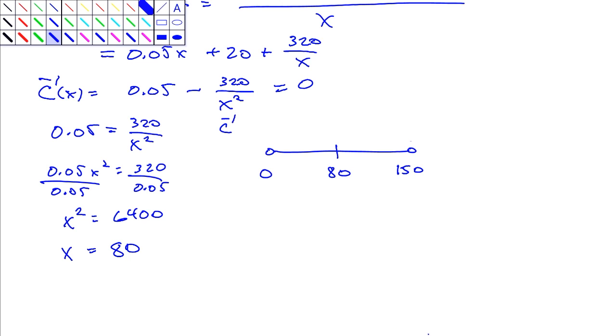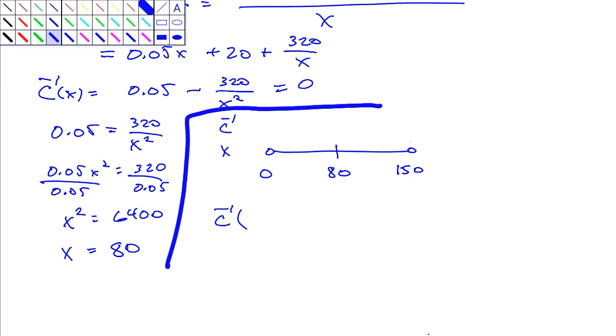The function is C bar prime, and here are the x's. If we test C bar prime at 10, if you work that out, you get a negative. And C bar prime of 100, you get a positive.